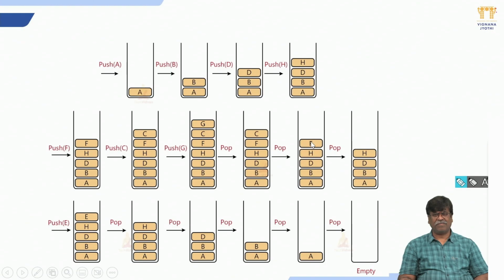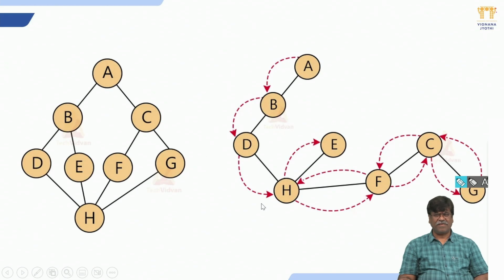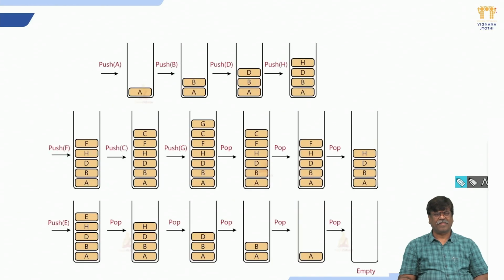If it is not there, pop out F, and you will get H. From H you can check. Yes, from H I can identify a new adjacent vertex E and visit it. From there, all the vertices are already visited and you can pop out all the elements from the stack. When the stack becomes empty, it means all vertices are visited and explored. So this is how exactly the DFS algorithm works.